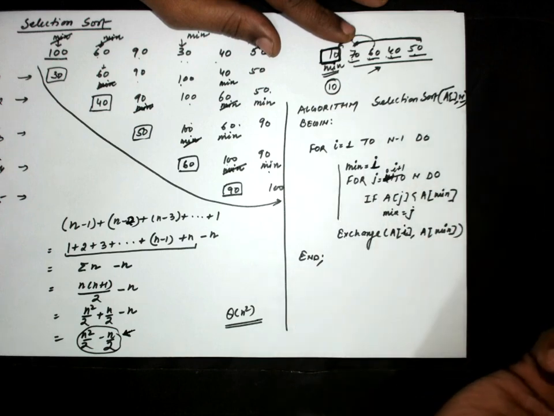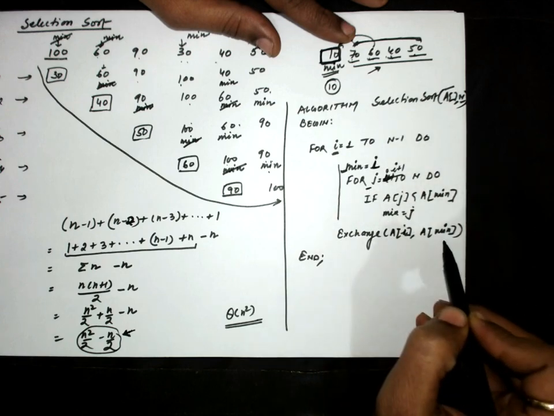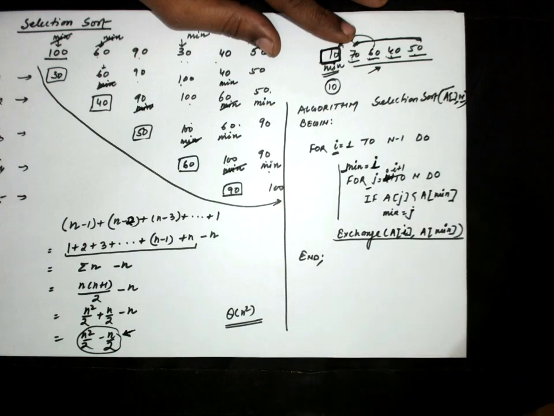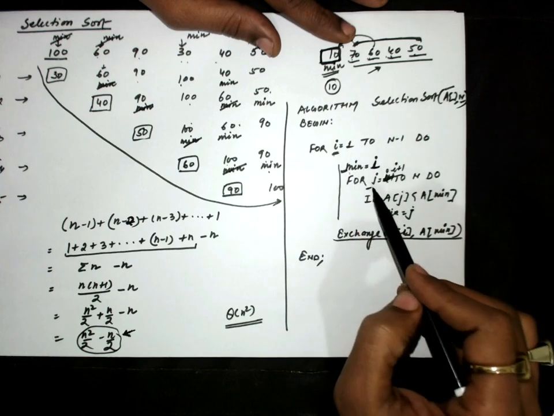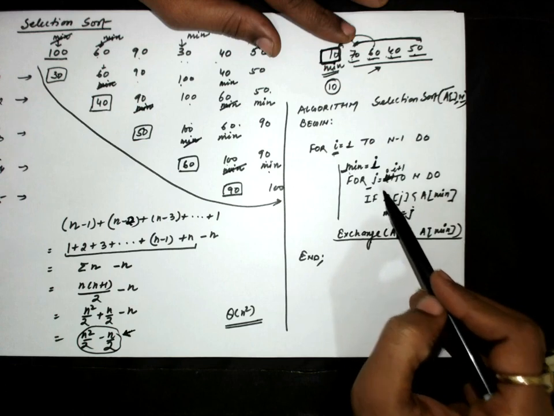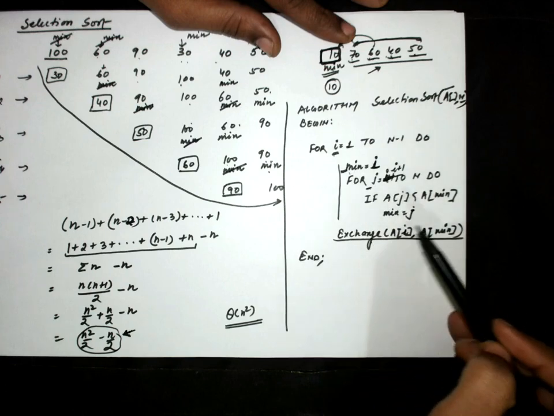But what are the quantities we took from our side? i, minimum, j, and if we say that we are performing the exchange with a third variable, then an extra variable for exchange. So the total number of extra variables that we took from our side is 1, 2, 3 and 4. One for i, one for minimum, one for j, and one temporary variable for exchanging two numbers.